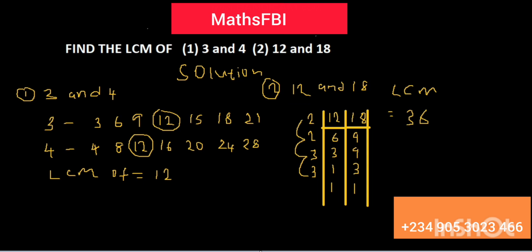But usually you make use of this method when the question involves smaller numbers. Now in question 2, you will agree with me that 12 and 18 are larger than 3 and 4. So it is simpler to make use of division by prime numbers.